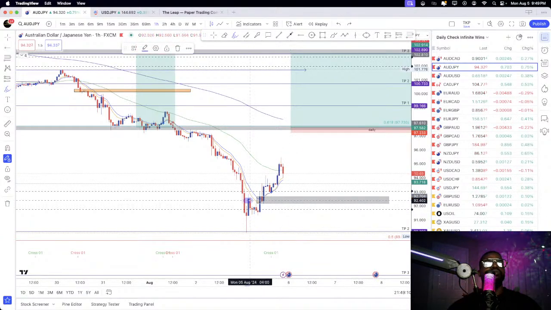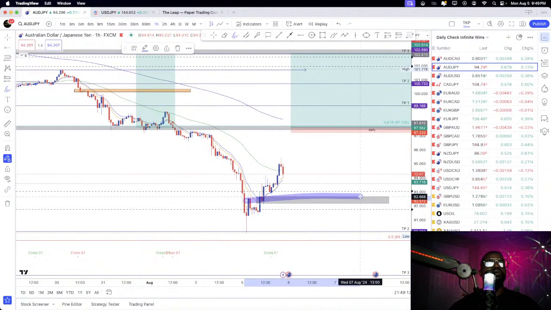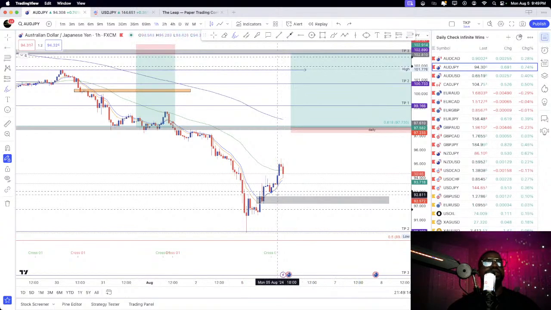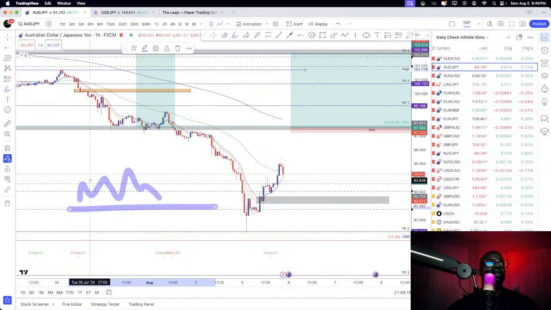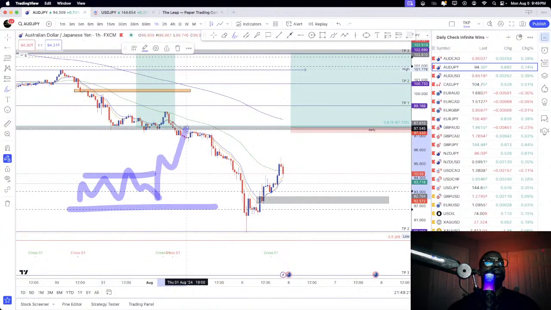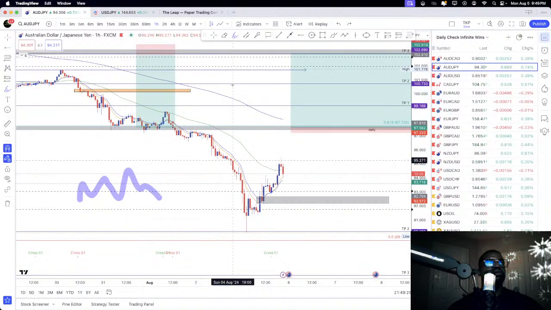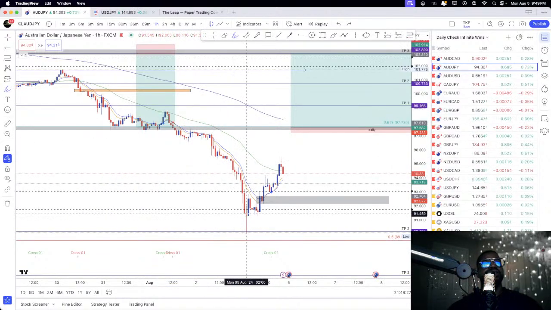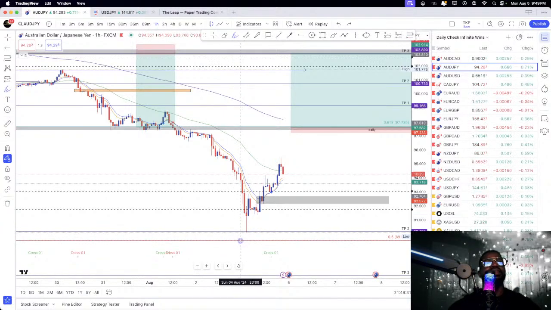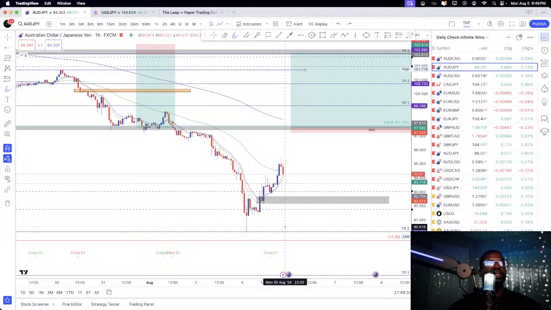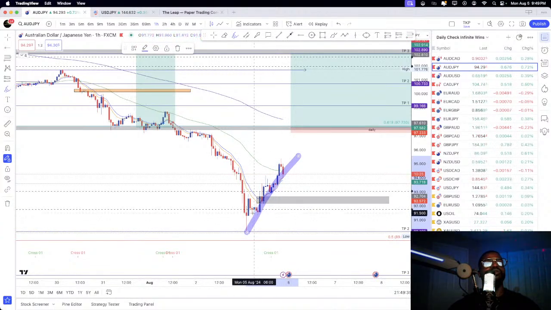And we also broke structure at this point. Now, when you have consolidation and price breaks above that structural level, most cases it pulls back before continuing. But with this thing, we have this long wick at the bottom and it failed to hit the 50. So this could also be what they call a bear flag.